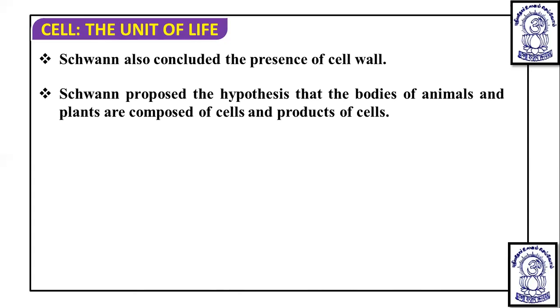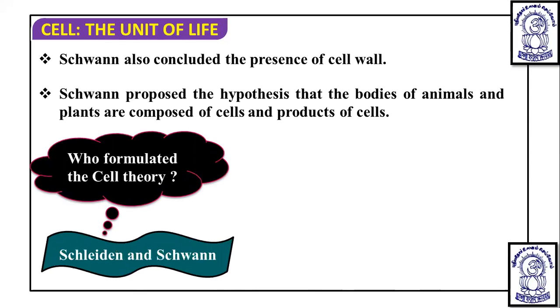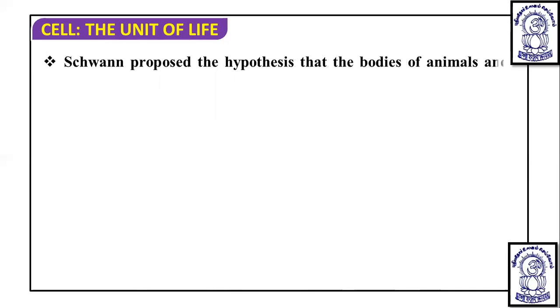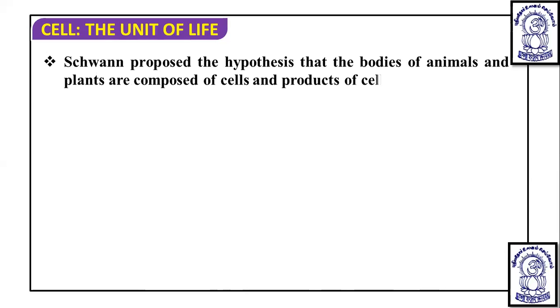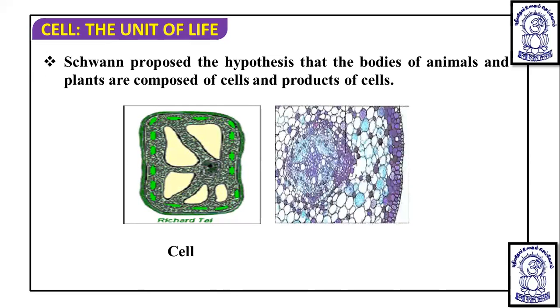That either it is the body of a plant or an animal, it is composed of cells and their products. So later on, Schleiden and Schwann combinedly formulated the cell theory. So the cell is the basic unit of life. We know that.